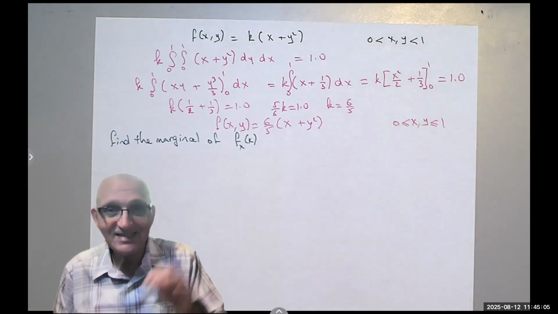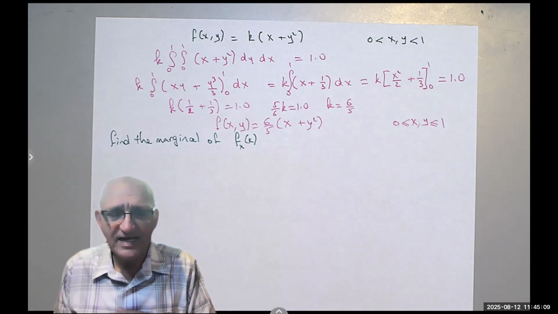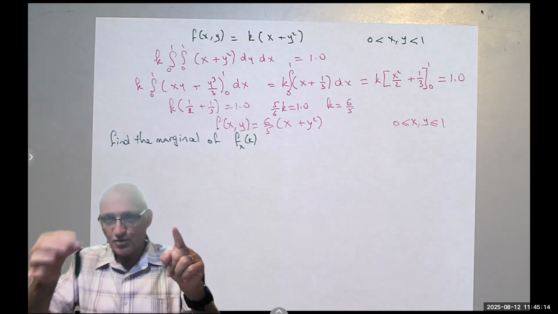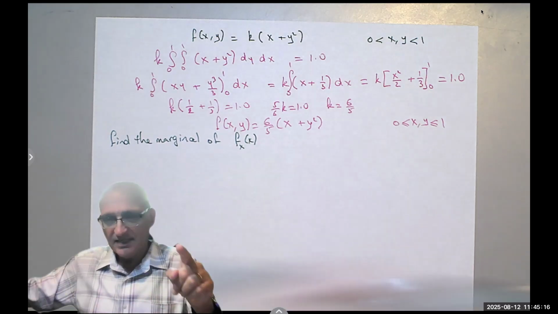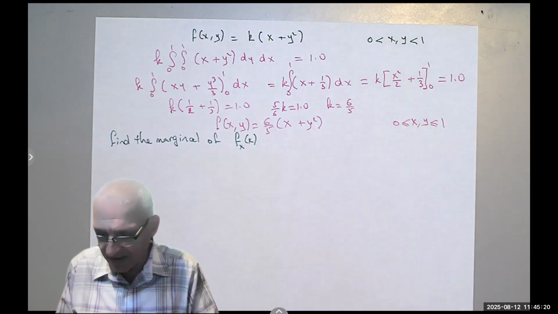Remember when it was a tabular form and we said, what is the marginal of x? You say, I'm going to sum over all the columns, all the values of y, and see what x is, and I'm going to write it in the margin. So it's the same thing.